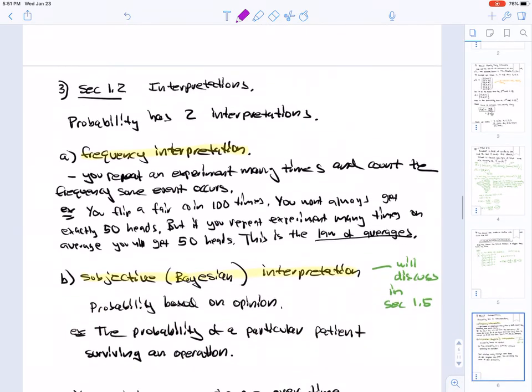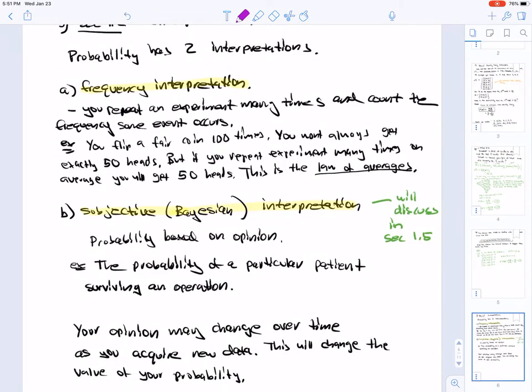So probabilities have 2 interpretations. There's a frequency and a subjective or Bayesian interpretation. The frequency interpretation is where essentially you do an experiment and you see what you get, and we have the law of averages, which says that if you do this experiment repeatedly, the average of the probabilities that you get is going to be the true probability.